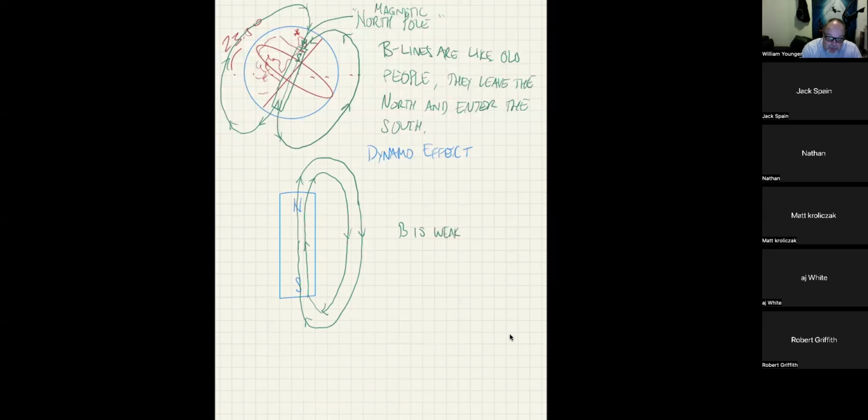The strongest part is directly inside the magnet and right near its poles. So you have another one. This one's probably going to be a little more realistic of a shape. Notice how far I went in drawing that one. This one, on the other hand, would be a lot closer like that.